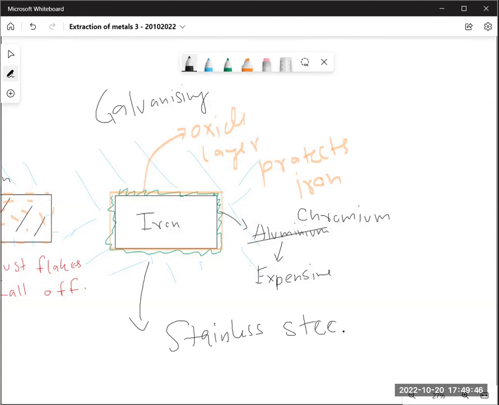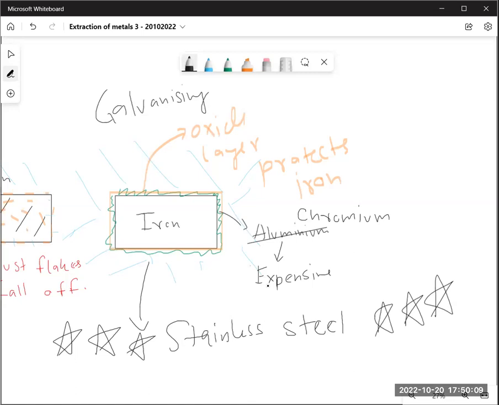Now, Lula, can you tell me what is the composition of stainless steel? What is inside stainless steel? Safa, tell me what is the composition of stainless steel?